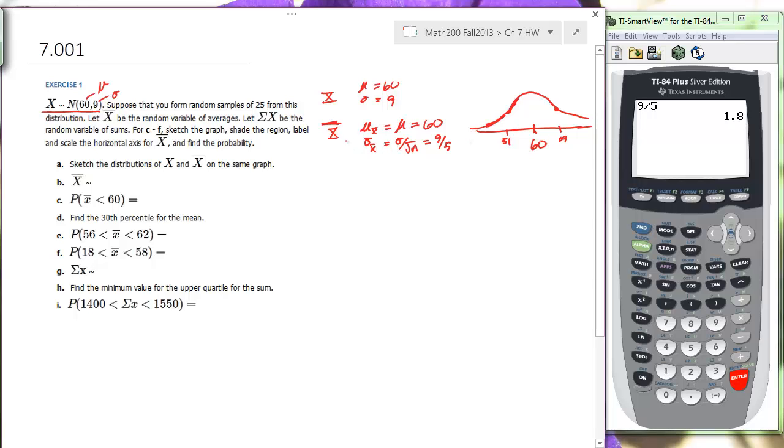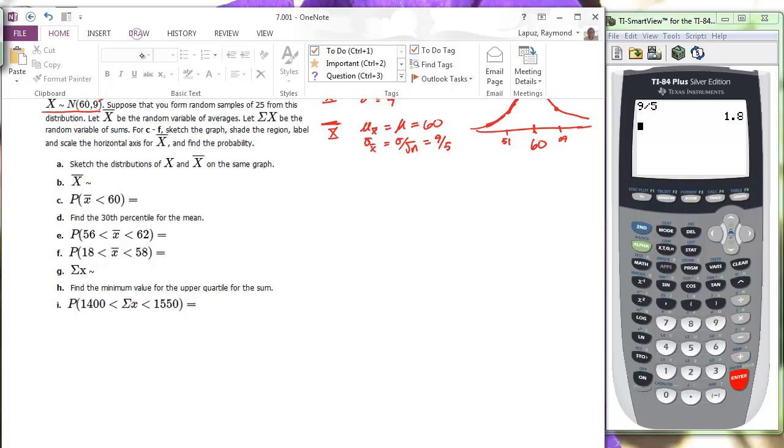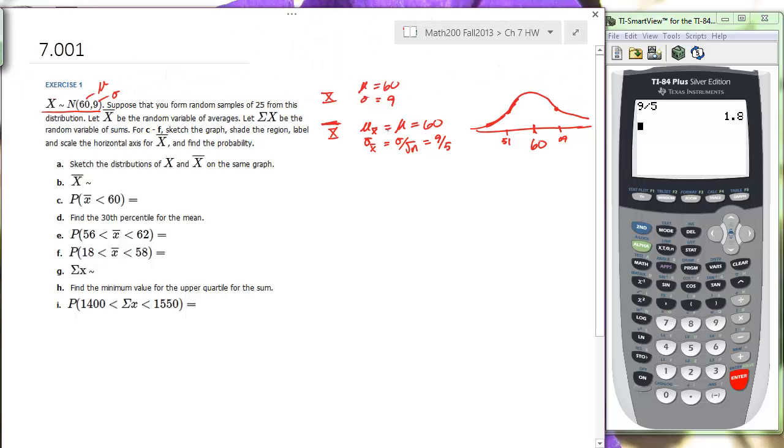Now with our x bar, let's see if we can use a different color for that. For x bar, we still have a mean of 60, but our standard deviation is shrunk to about 1.8, so it's right here. So 61.8 is where your inflection is going to be.